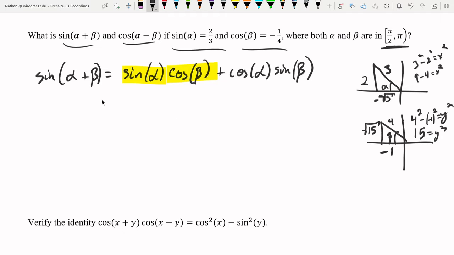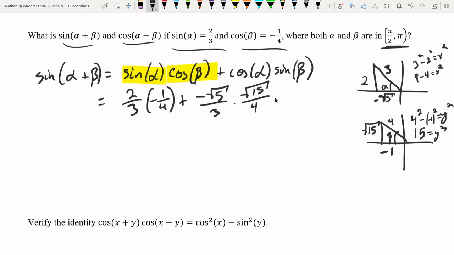Okay, so sine alpha, we already know, is 2/3. Cosine beta is negative 1/4. Cosine alpha is adjacent over hypotenuse, so negative root 5 over 3, times sine of beta, which is opposite over hypotenuse, root 15 over 4.